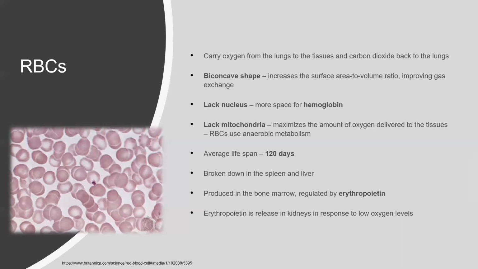Red blood cells have an average lifespan of 120 days. Old or damaged red blood cells are broken down in the liver and spleen, mainly in the spleen, and new ones are produced in the bone marrow. Red blood cell production is controlled by the hormone erythropoietin, which is released by the kidneys in response to low oxygen levels.